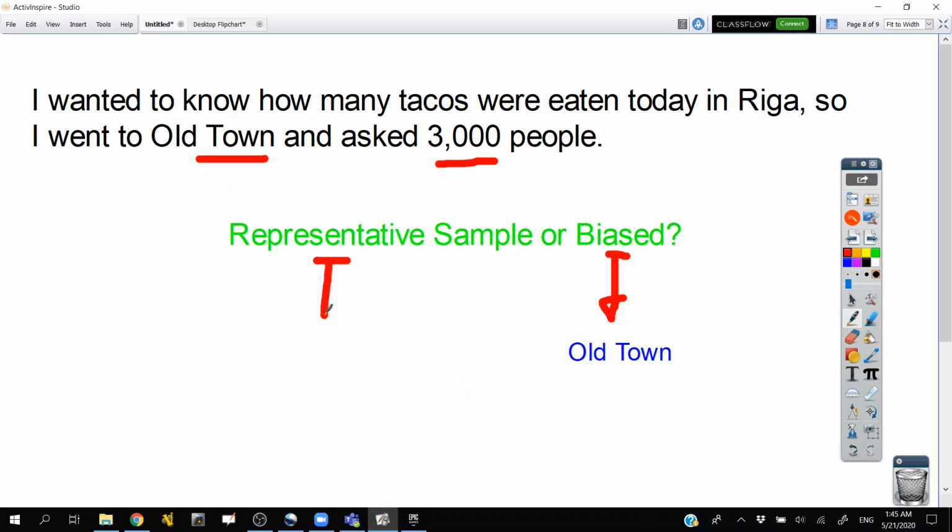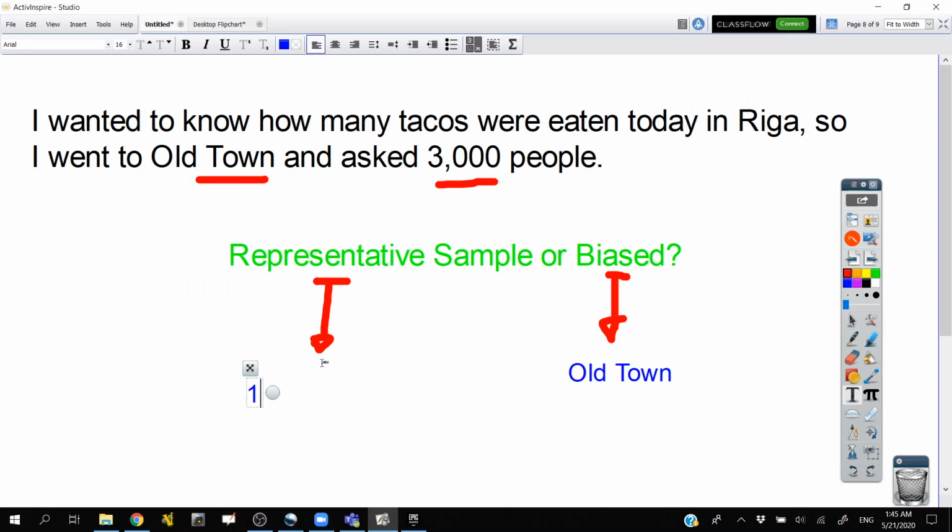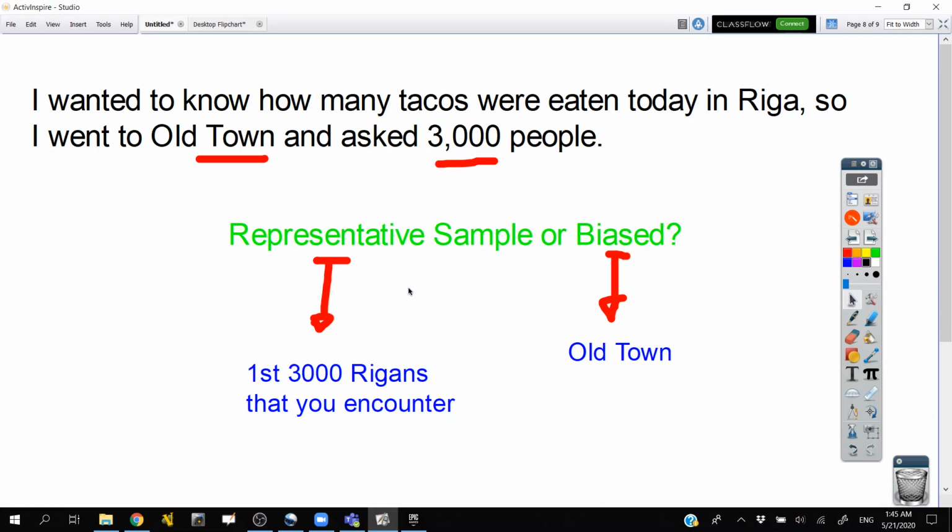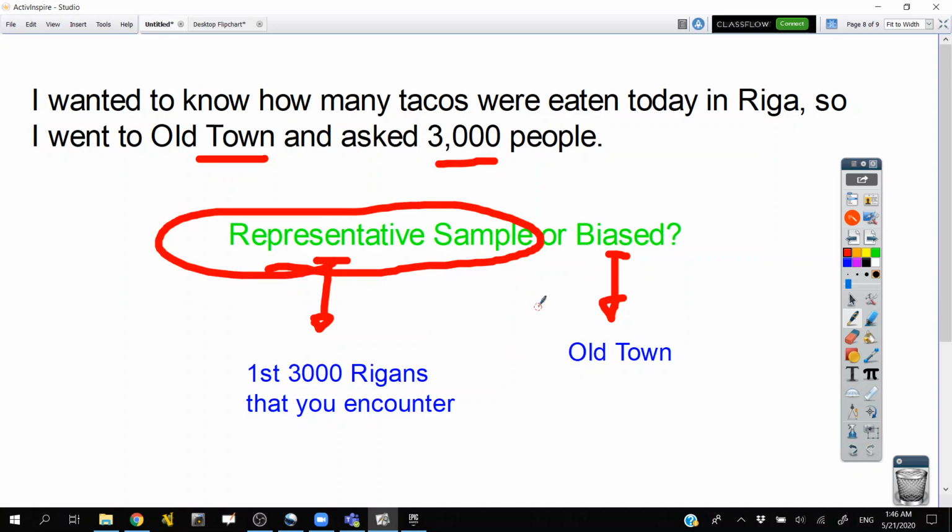You are choosing, in some sense, just the first 3,000 Rigans that you encounter. You could argue that this is representative. You could also argue this is biased because you're only in Old Town. I would probably be inclined to say that this would be a representative sample, but I could be wrong. Other people might argue both sides, but those would be reasons to argue both sides.